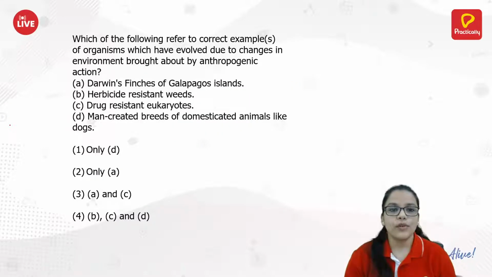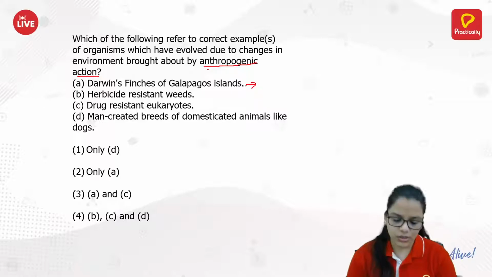Next, which of the following refer to the correct examples of organisms which have evolved due to changes in the environment brought by anthropogenic action? Darwin's finches of the Galapagos Islands was not anthropogenic.